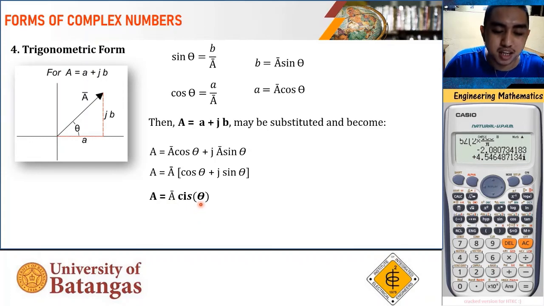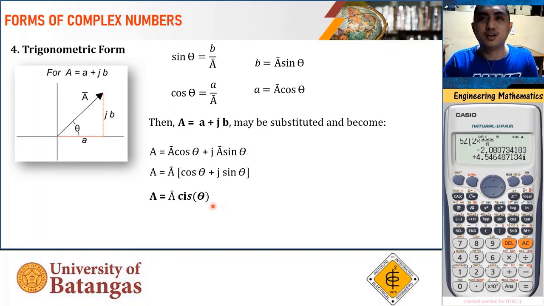Then, yung theta natin will be our angular displacement or argument. So, ibig sabihin yan, kapag nakita kayo ng A bar cis theta, naka-trigonometric form yun.